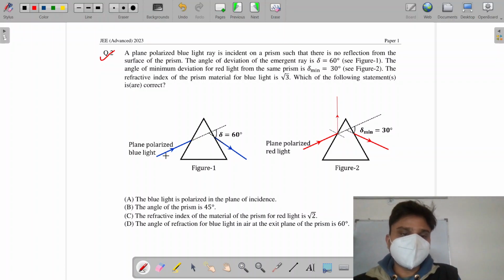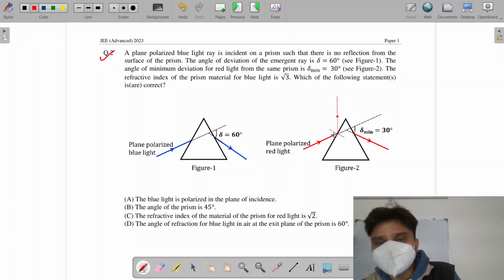In the first figure, we have a plane polarized blue light which passes through the prism with a deviation of 60 degree. In the second case, we are passing a plane polarized light again through the same prism, but this time there is a reflected ray from the prism, as well as the normal refracted ray, as well as the emergent ray.